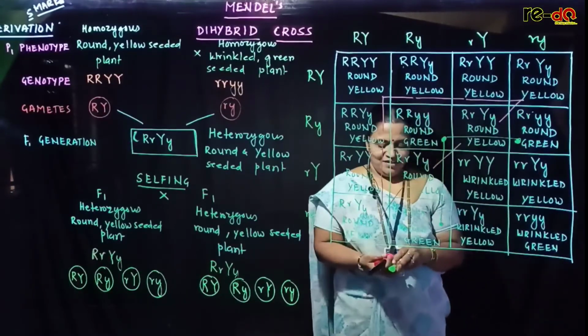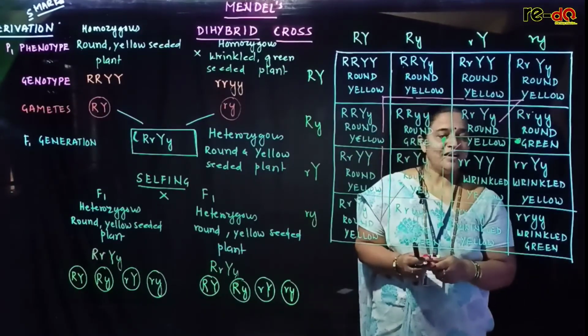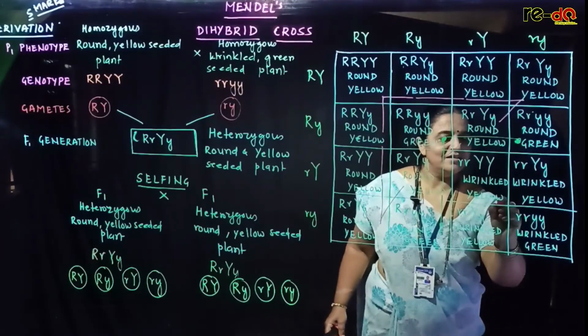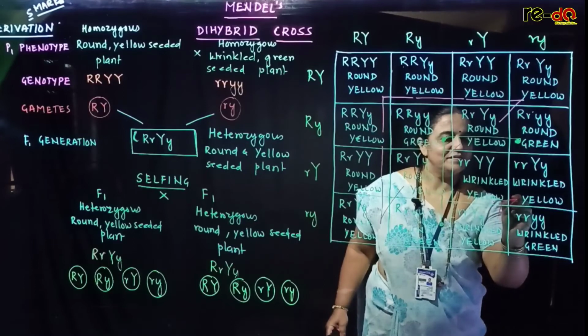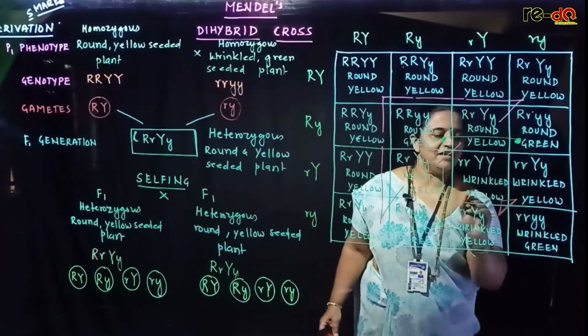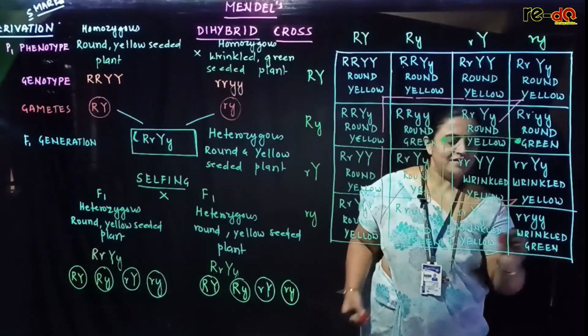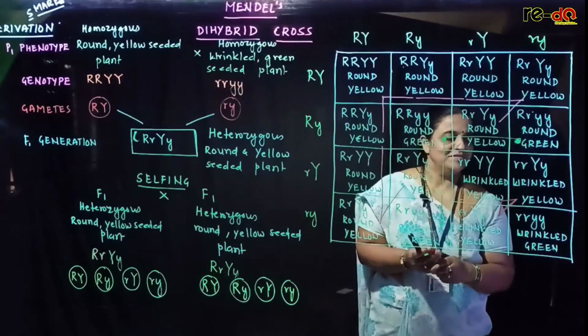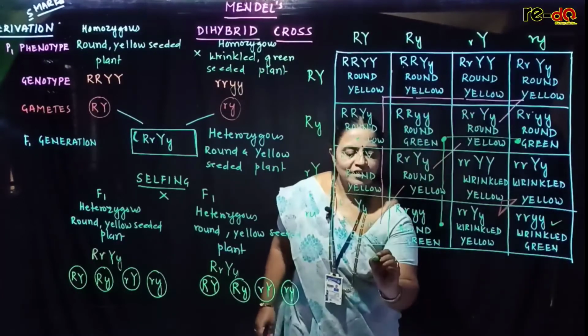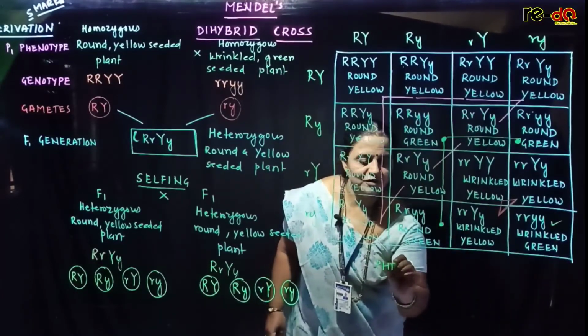And now see how many are wrinkled yellow? Wrinkled yellow are 3. Can you see this small triangle? So 1, 2, 3 are wrinkled yellow. And this last one is wrinkled green.